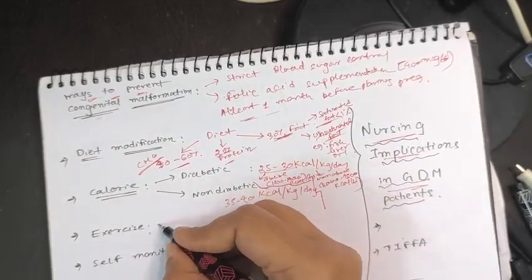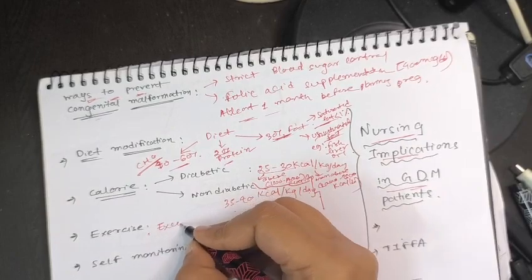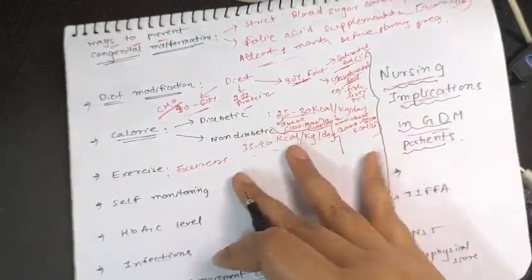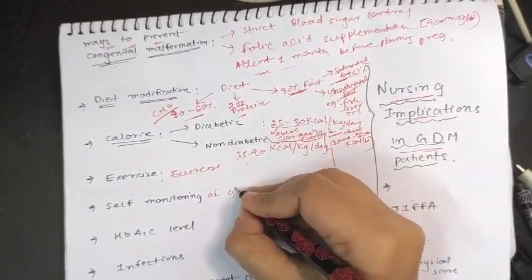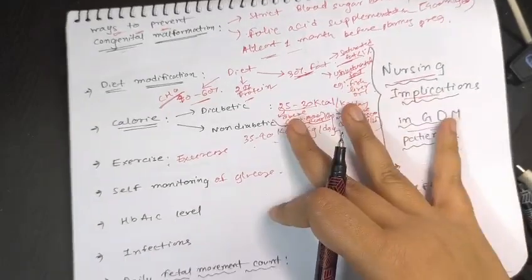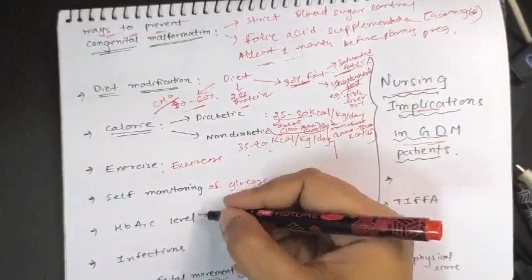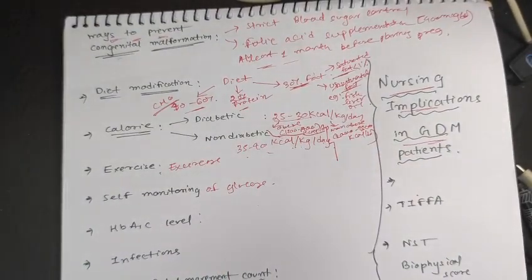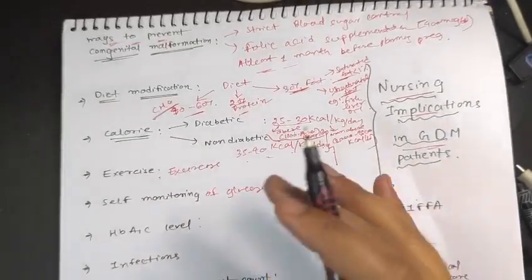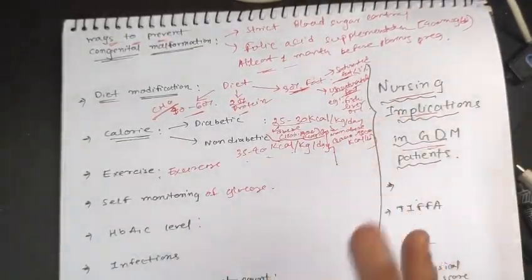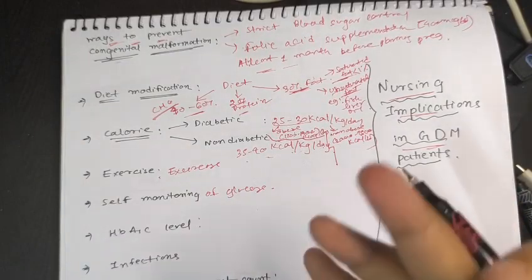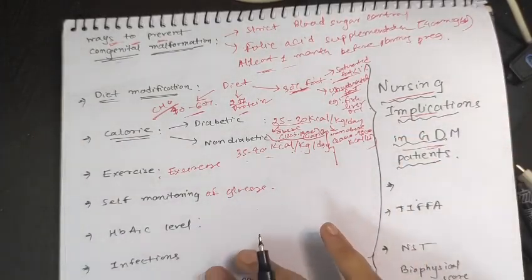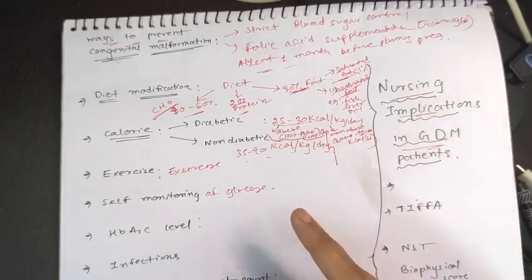Now obviously mild exercise should be encouraged. Exercise, self monitoring of glucose, HbA1c level, as I have said, because HbA1c is a prospective and retrospective test altogether. It tells us the sugar level before 3 months, and that's why it's called retrospective.